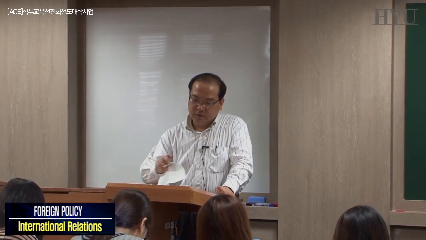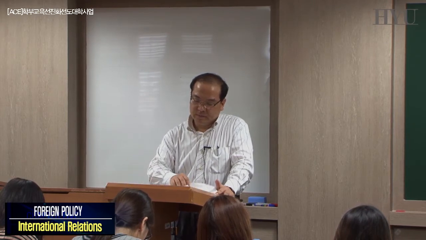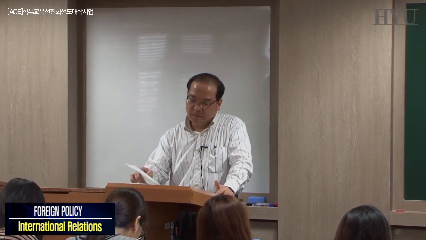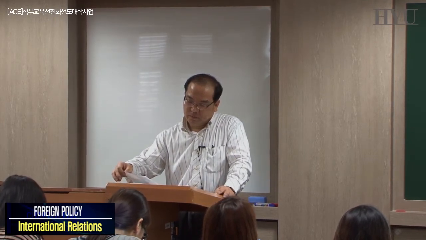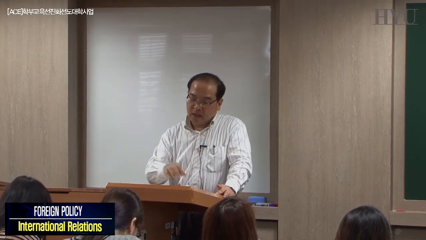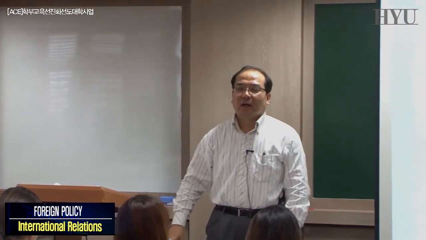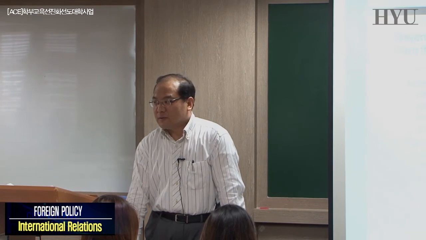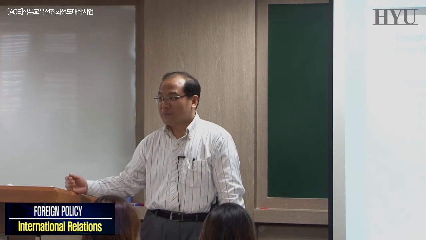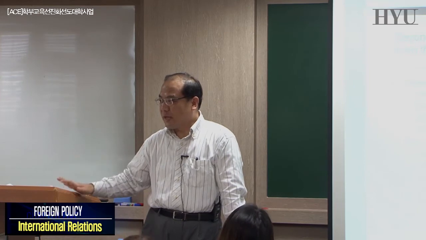I laid out different individual decision-making theories and some of the examples. And I don't know, just think about it. In terms of explaining wars and major crises in international events, which is more appealing, like a systemic type of explanation, and this type of individual decision-making explanation?